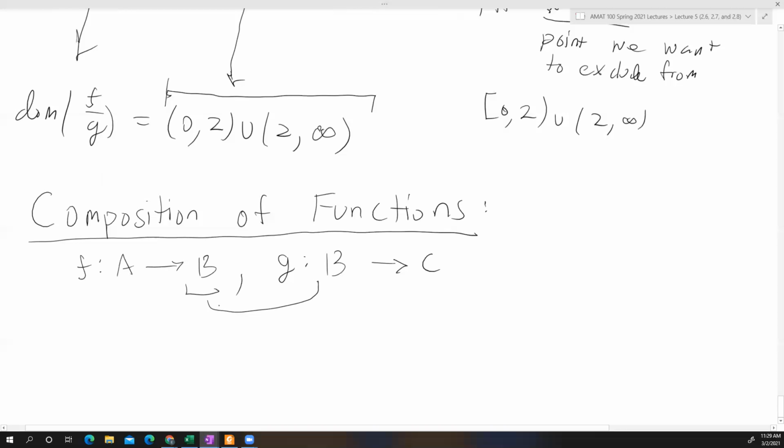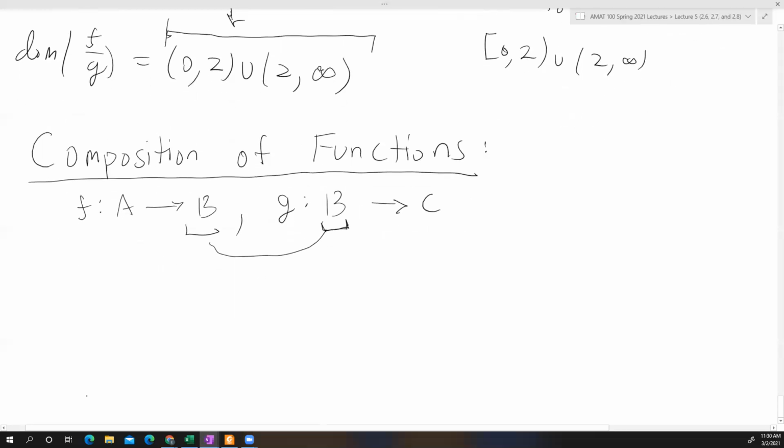This is important, that these have to match up. These sets A, B, and C are all subsets of the real numbers, and you want the codomain of f to match up with the domain of g. And this will be important because you're going to feed one function into the other in a sense.